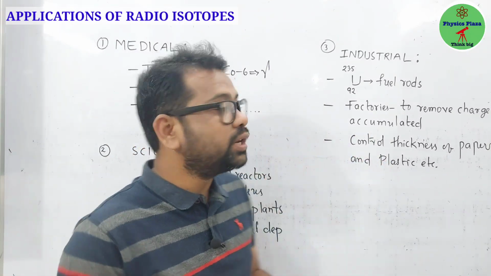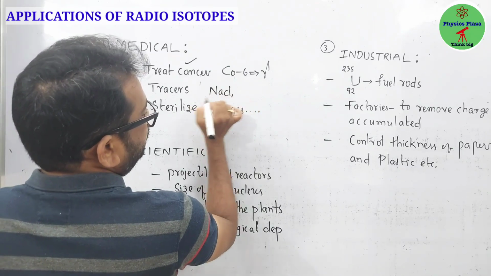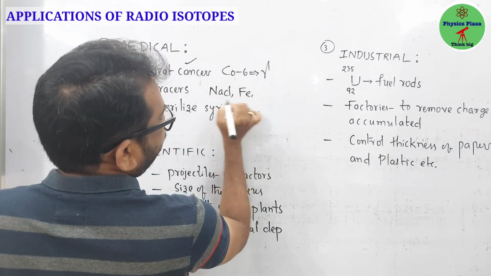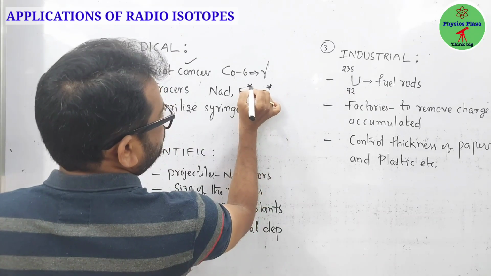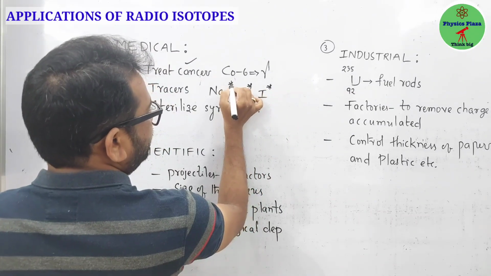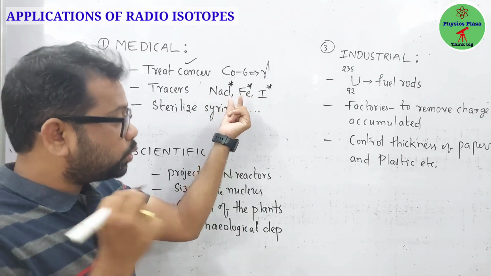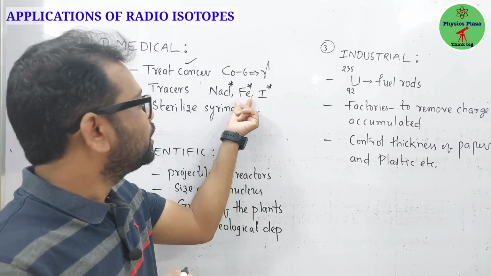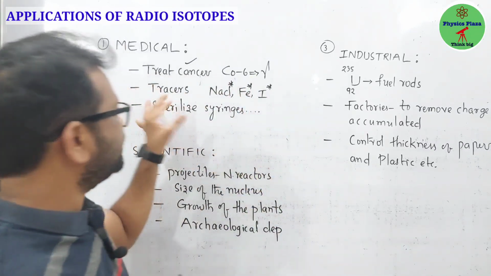What are the tracers here? Radio NaCl, radio iron, radio iodine. Here I am putting a star mark, which means you should think that they are radioactive in nature. These 3, radio sodium chloride, radio iron, radio iodine, are called tracers.